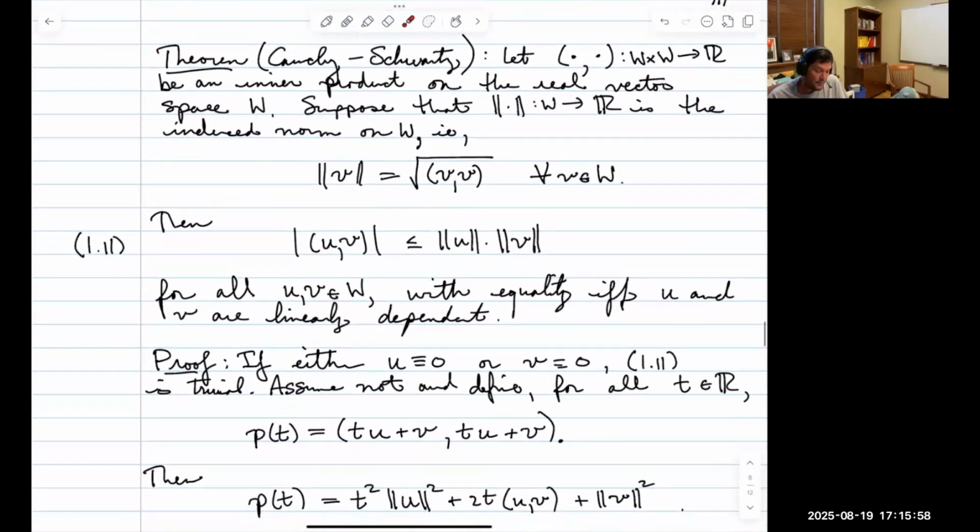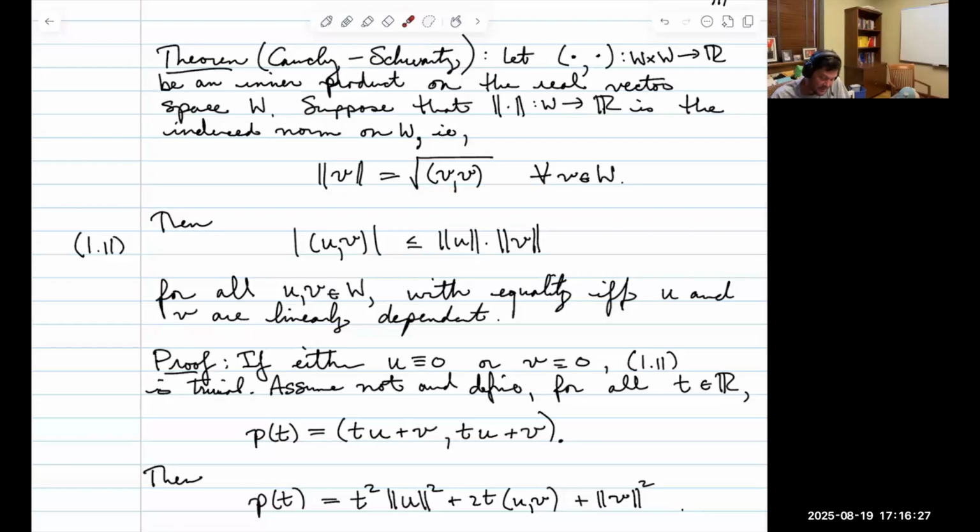If you have any arbitrary inner product on a linear space W, let's assume that it looks like that, and we're assuming that W is a real vector space, and the norm associated with that inner product, what we call the induced norm, is defined like this, right?